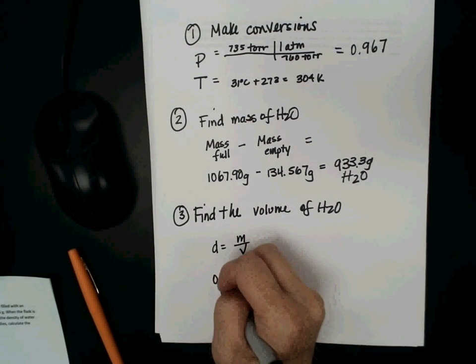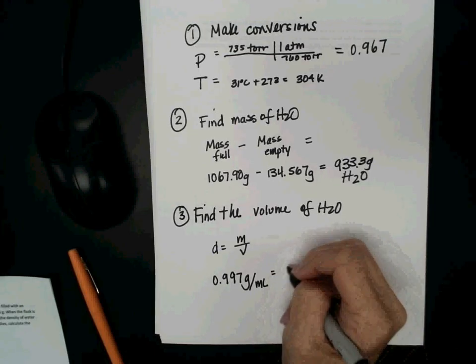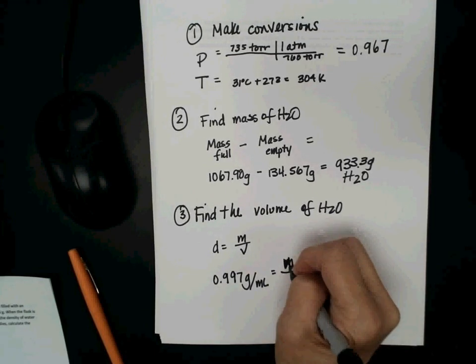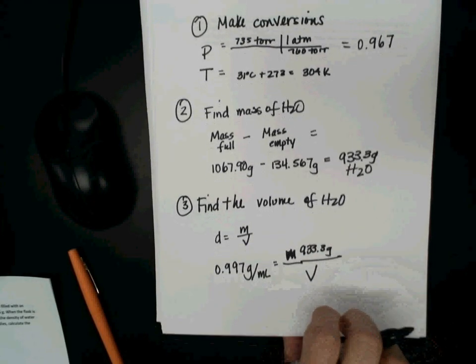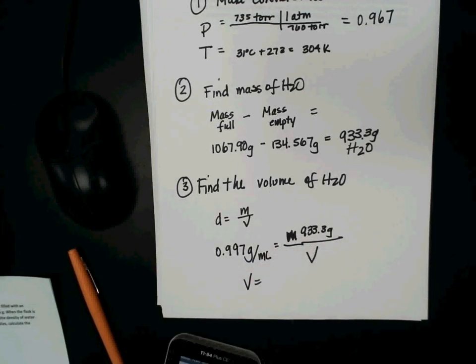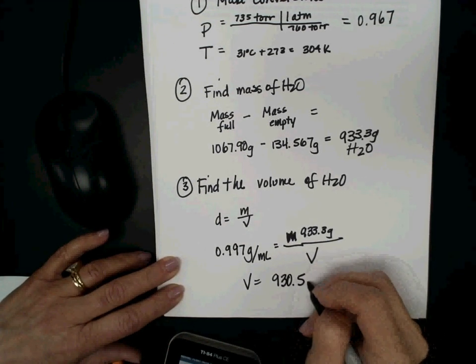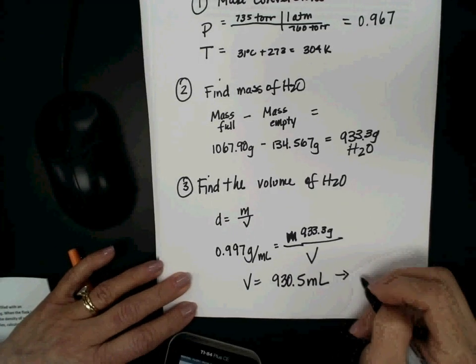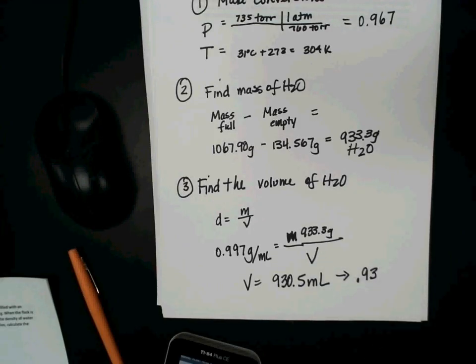So I'm going to use D equals M over V. So I've got 0.997 grams per milliliter is equal to M over V, is equal to 933.3, that's what we have, grams over V. So solve for your V. And I get 930.5 milliliters, which I want to make into liters.